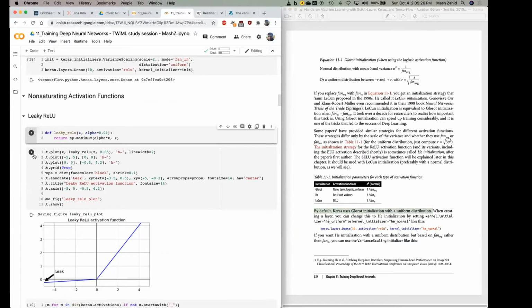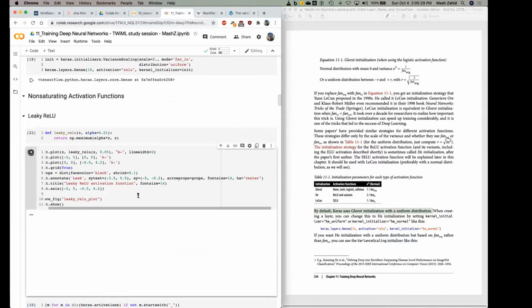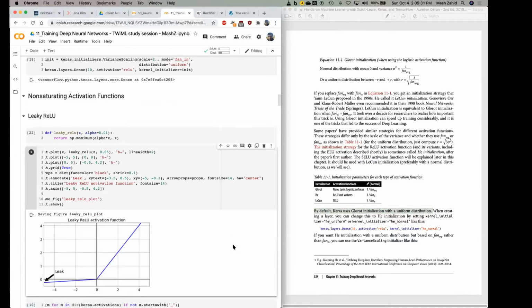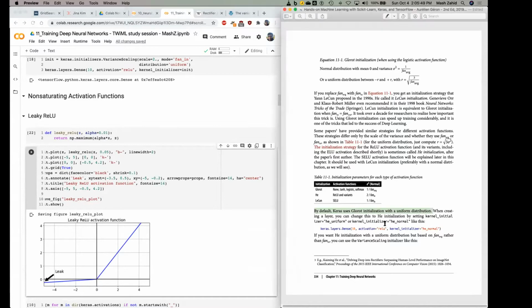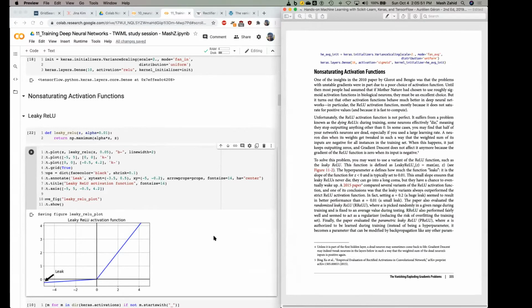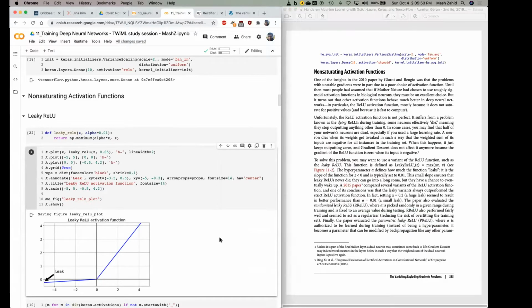I have changed it to He on my own and had better results, but I really didn't know why. And now this is a pretty good explanation. I haven't really been experimenting with the SELU, and I certainly wouldn't have known to use the LeCun initialization unless I had seen it here. But when I do use the SELU in the future, I will use LeCun because it makes a lot of sense what he's talking about.